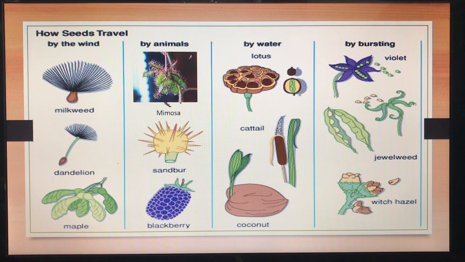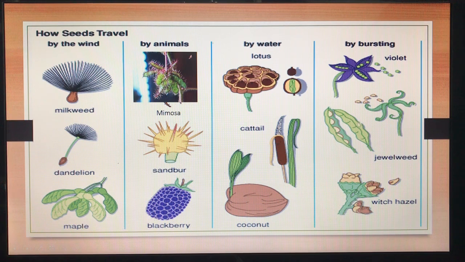This type of seed will cling on. If you turn to your textbook to page 76 and page 77, on page 77 there is a very good example of how a seed hooks onto an animal's fur in order to continue to be dispersed.